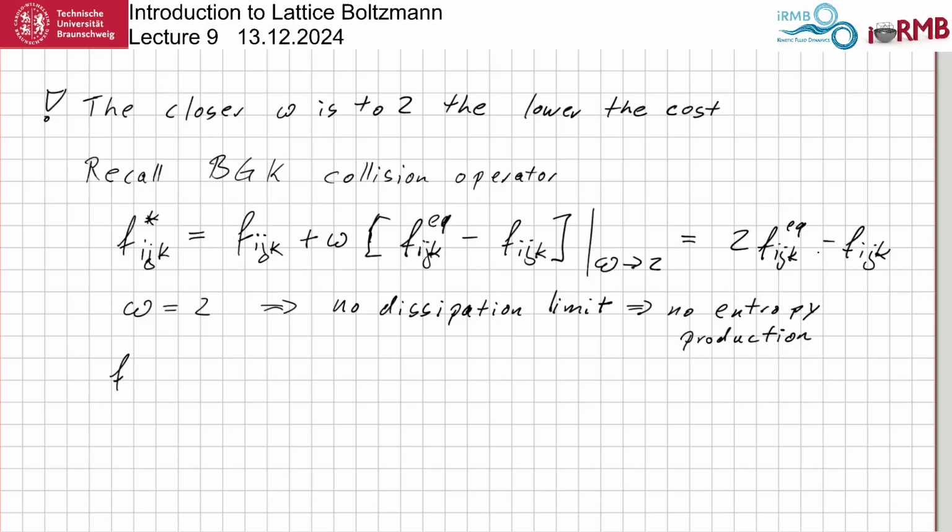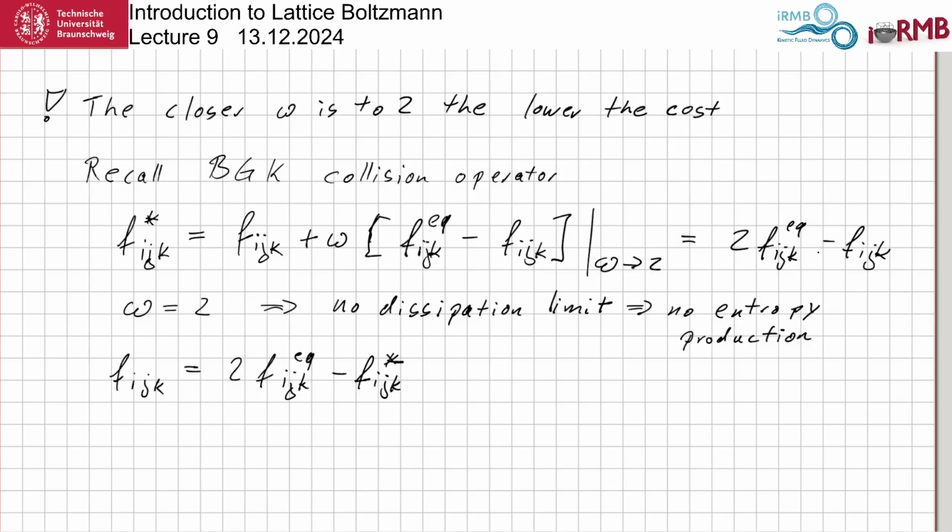So, as you can see, in this case, simply you can put this to the other side and then you get this. This is 2 times Fijk equilibrium minus Fijk post-collision.